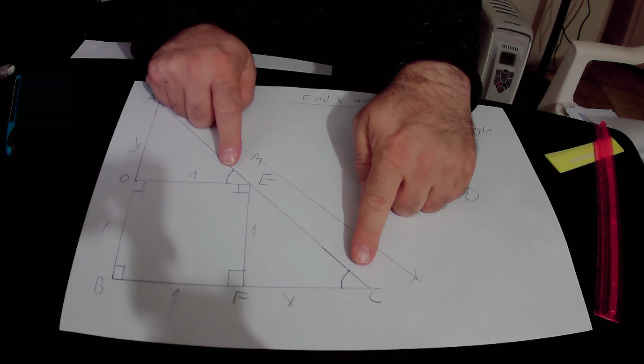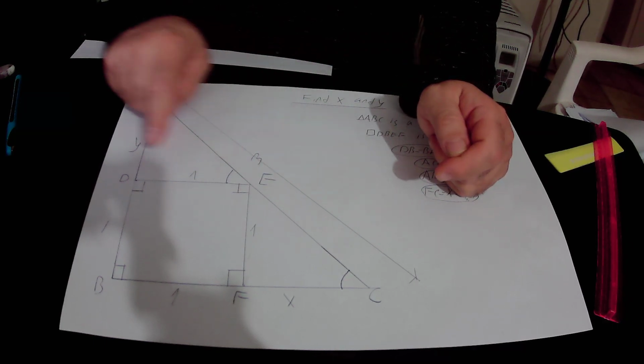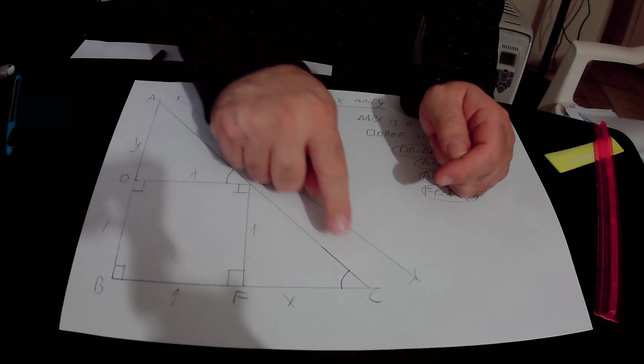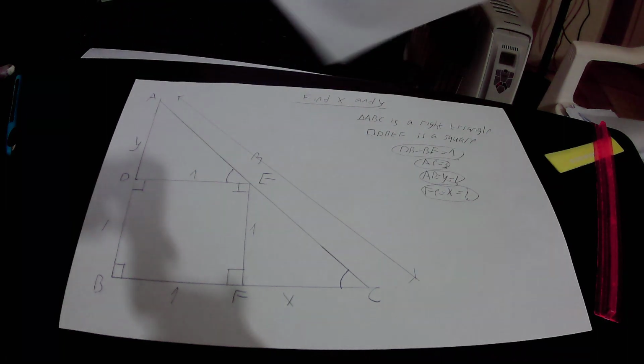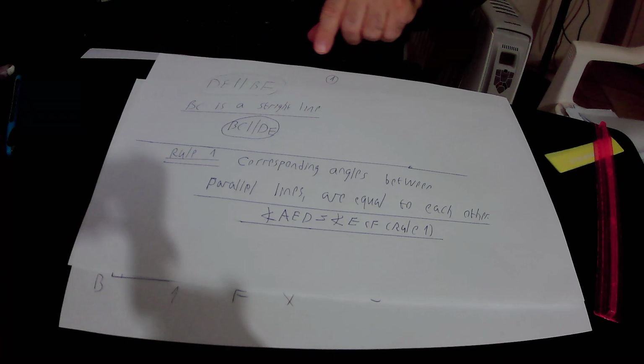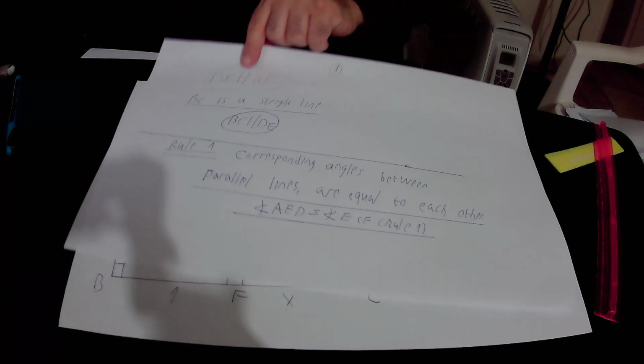Indeed, those two corresponding angles are located between the parallel lines DE and BC. We proved that DE is parallel to BC, therefore they are equal. So angle AED equals angle ECF according to rule number 1.